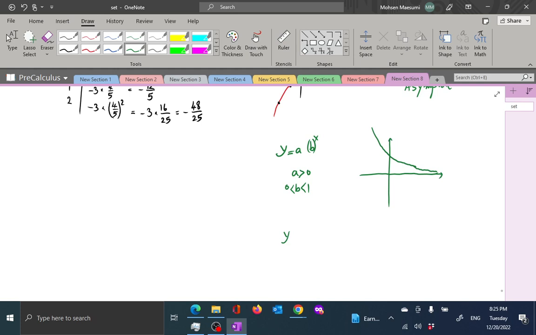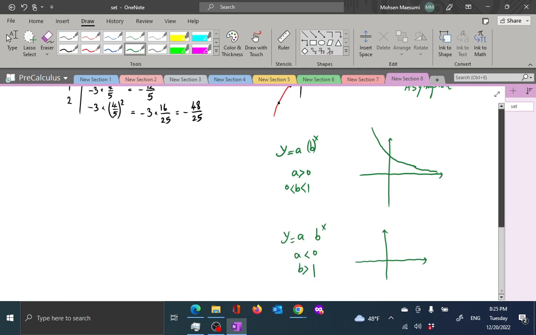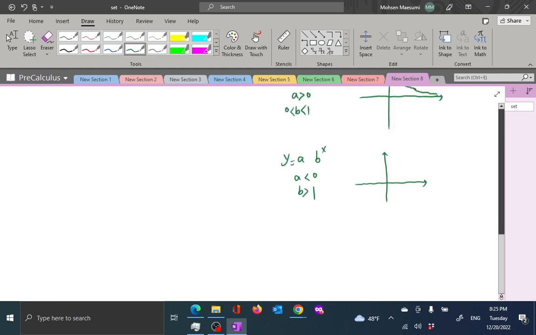If I had y equal to a times b to the power of x, but a was negative and b was larger than 1, what would be the picture in that case? A negative means we are in the lower half because we are always multiplying by a negative number, and b being larger than 1 means it asymptotes on the left hand side.